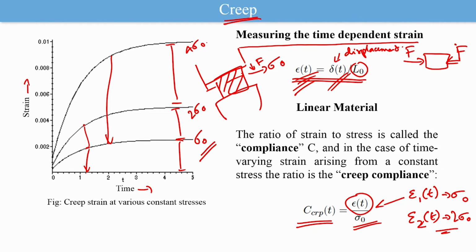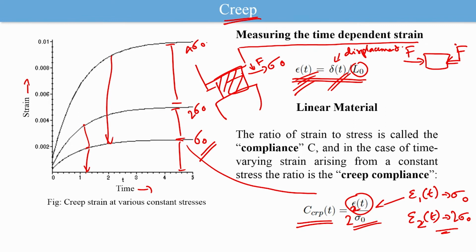Okay. And you could just see that if you double the stress, what actually happens is, if this was epsilon 1 of t for sigma 0, when you make it 2 sigma 0, the stress that you initially applied gets doubled, and the strain also gets doubled.